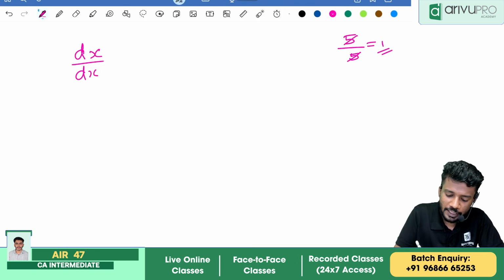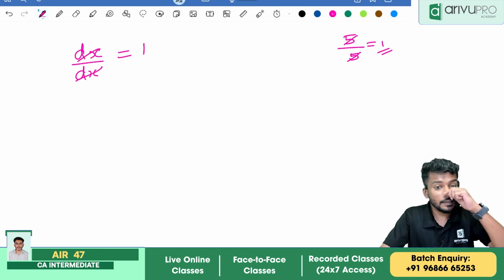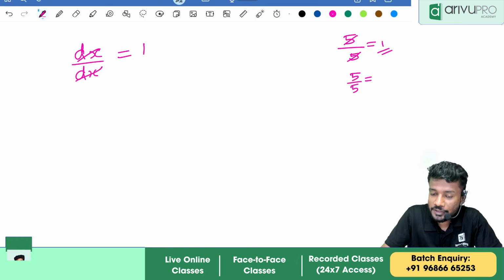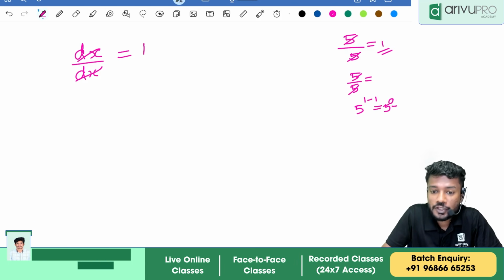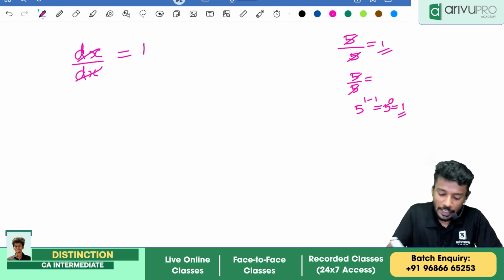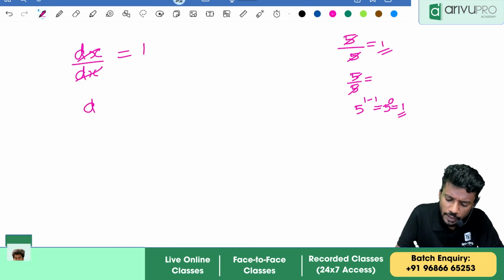So even for dx by dx, we can say that it is equal to 1. But when I told you 5 by 5, I said we are not just cancelling. It is like 5 raised to 1 minus 1, which becomes 5 raised to 0. Then it is becoming what? 1.